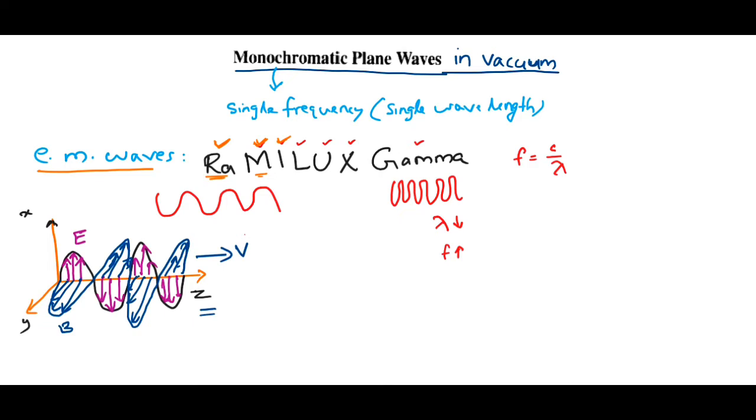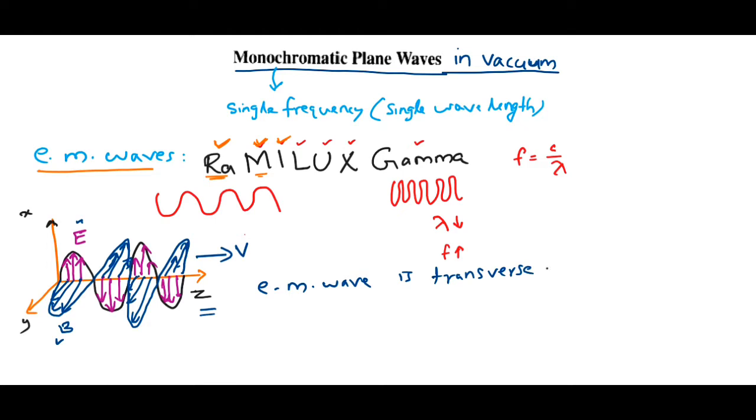Therefore, both the E and the B are perpendicular to the direction of the propagation. Therefore, EM wave is a transverse wave. EM wave is transverse in nature.